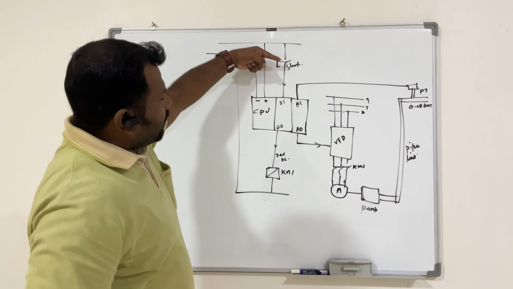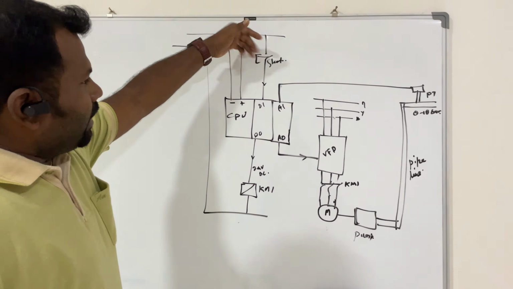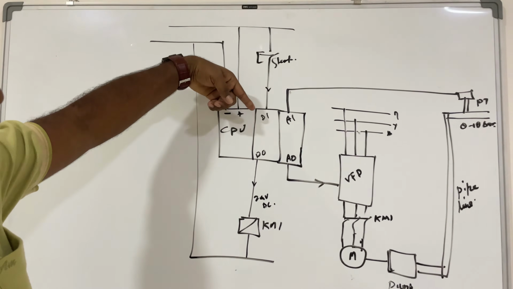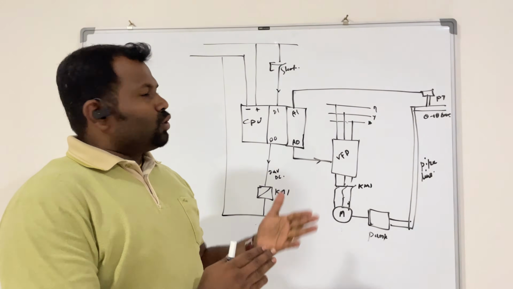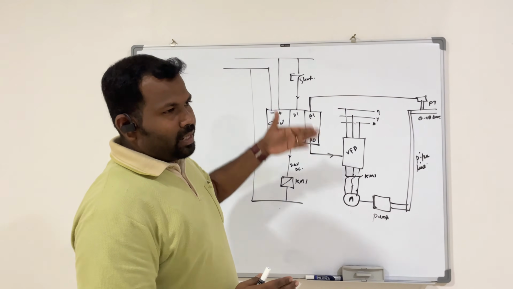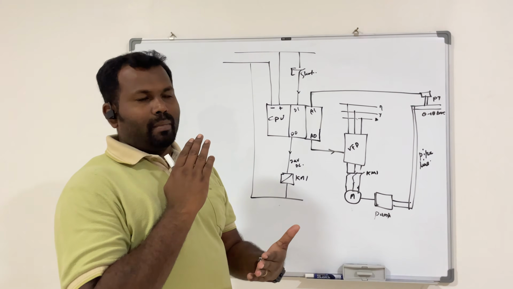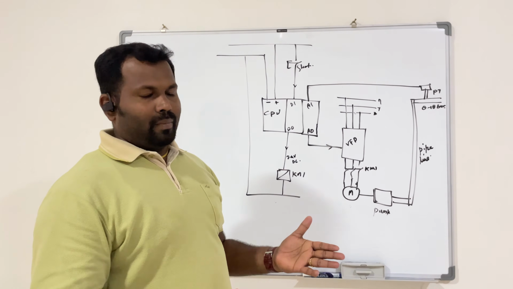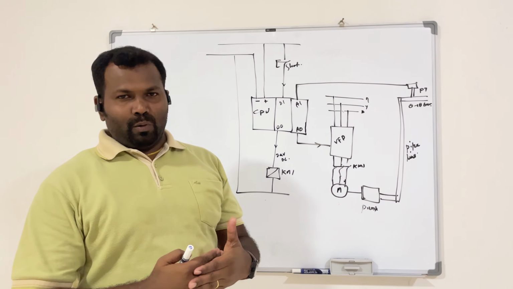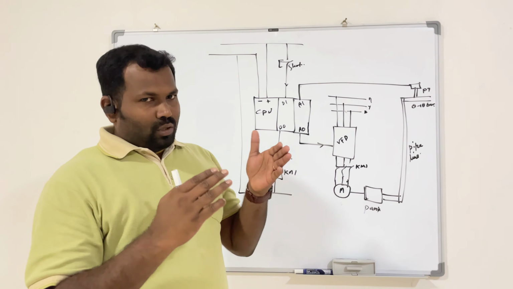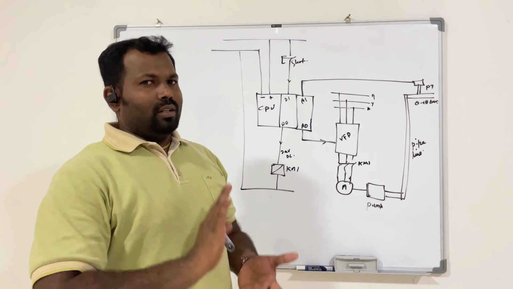Once this system is started by pressing this switch, the input comes to the PLC. This input gives the PLC a command to either start or stop. It is binary type. This type of input is called a digital input. It's start or stop.